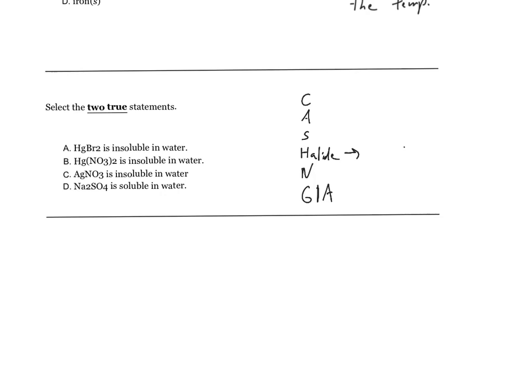Generally they're soluble, but when paired with mercury, silver, lead, they are not. Okay, so mercury II bromide is insoluble in water. That is true. The next one, NO3 is nitrate. They are generally soluble. There are no exceptions. So that statement is not true. So mercury II nitrate would be soluble in water.